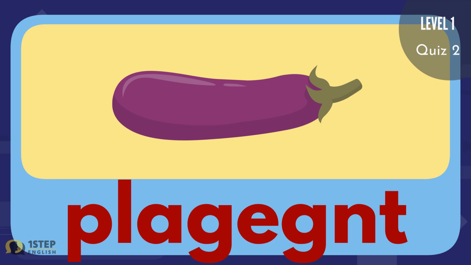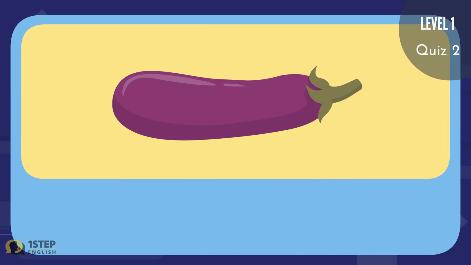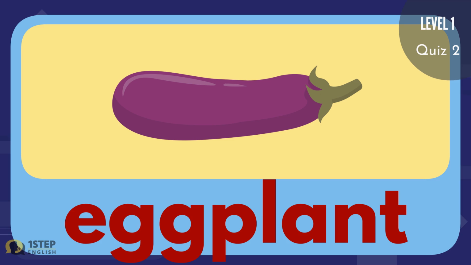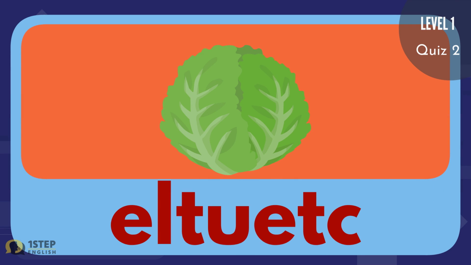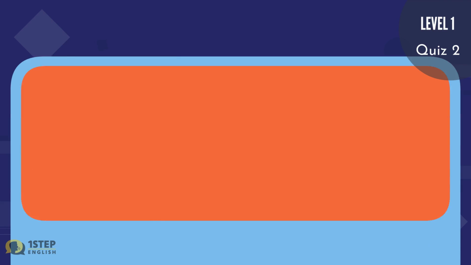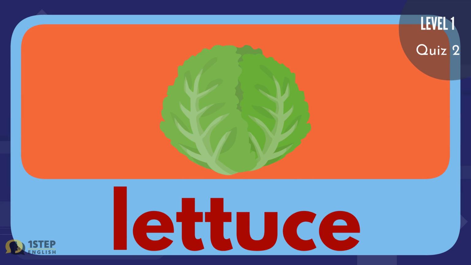P-L-A-G-E-G-N-T. The correct answer is eggplant. E-L-T-U-E-T-C. The correct answer is lettuce.